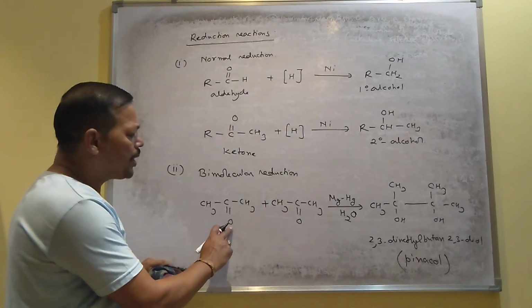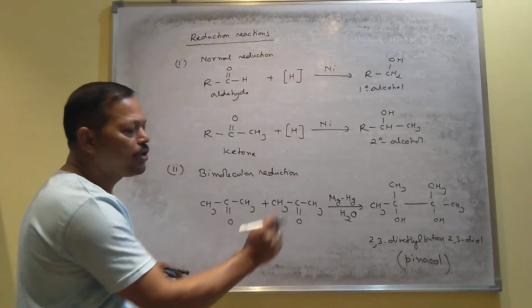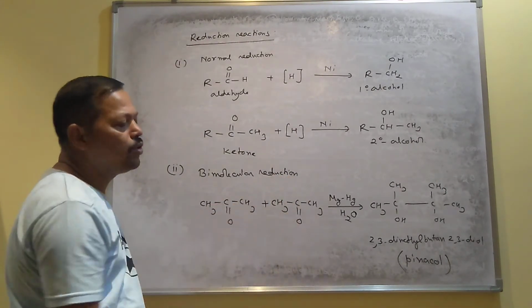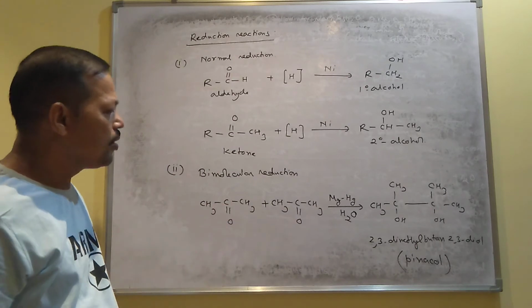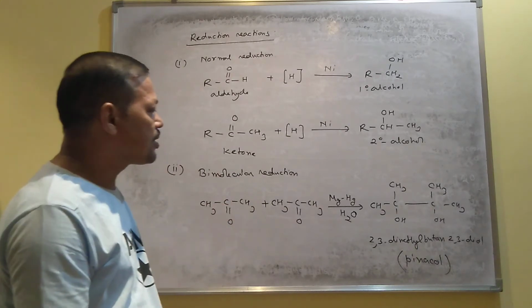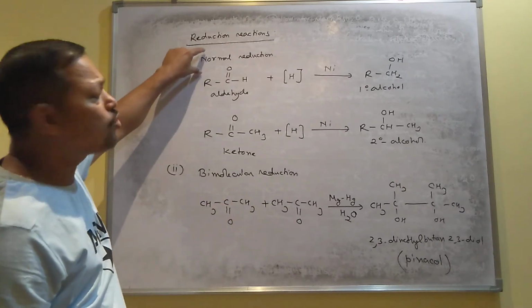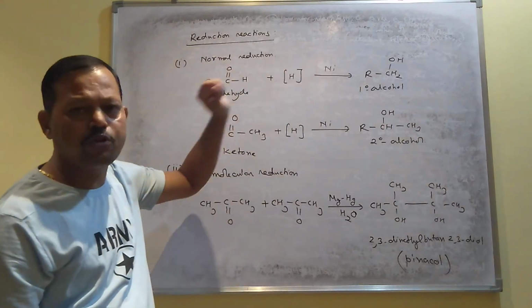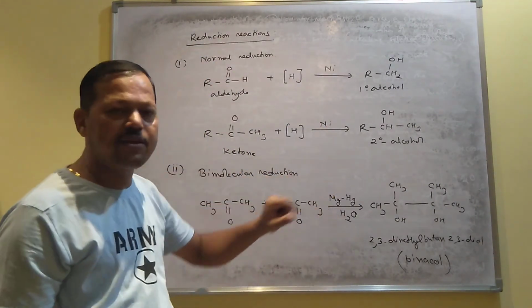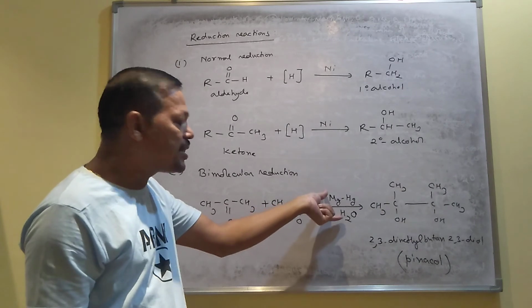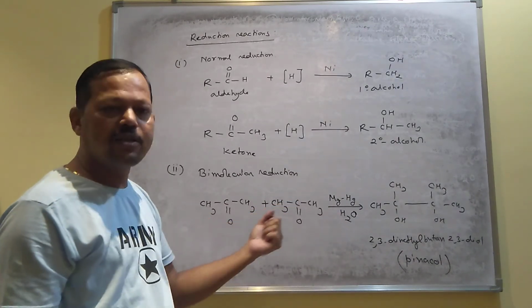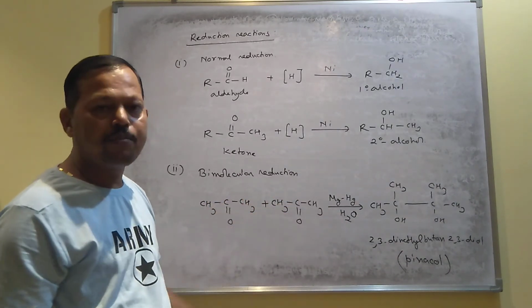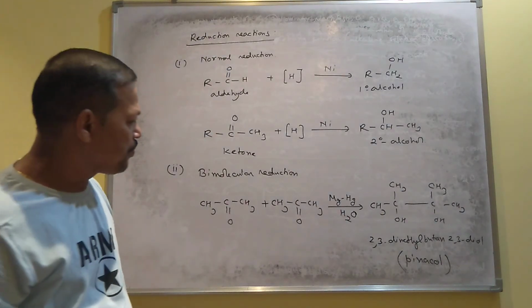Just addition of hydrogen takes place with oxygen, and the double bond is converted to a single bond, and both compounds are joined with each other. That's why it is called bimolecular reduction. So this is normal reduction, where a normal reducing agent is used, and this is one of the special reductions using a special reducing agent. This reaction is carried out and its name is bimolecular reduction. Thank you.